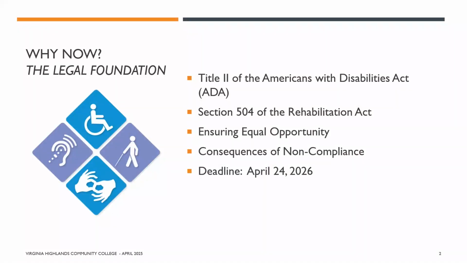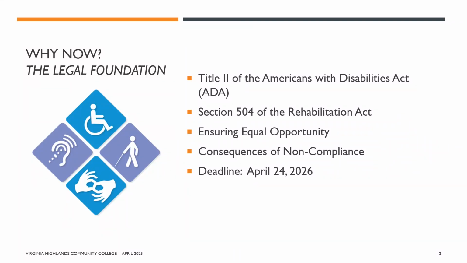The accessibility requirements that I'm going to discuss are rooted in federal law, primarily Title II of the Americans with Disabilities Act, which applies to all public institutions, including community colleges like VHCC. These laws mandate that students with disabilities have the same access and benefits as their peers.